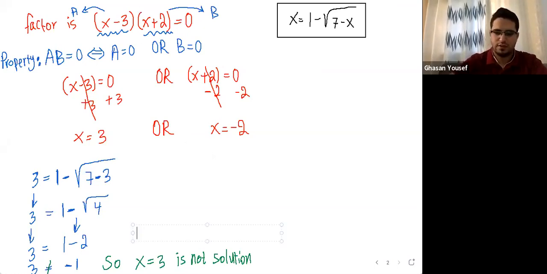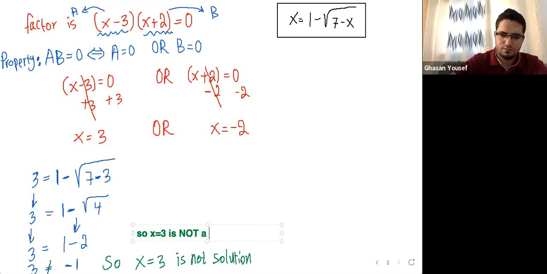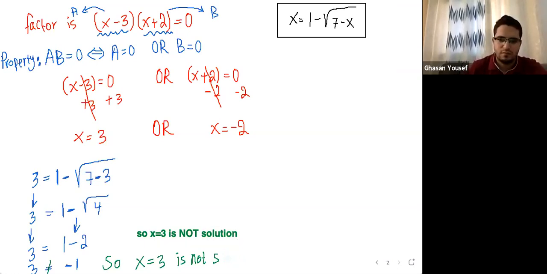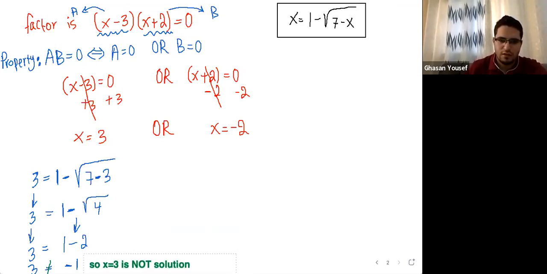I'm going to write it like this. So x equal 3 is not a solution. Now I'm going to check for the other one, for x equal -2.